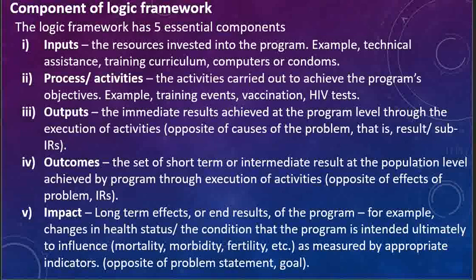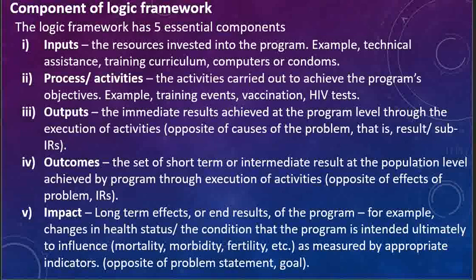Outcomes. The set of short-term to intermediate results at population level achieved by the program through execution of activities. And we have said outcomes are opposites of the effect of the problem to the population. Impact is the long-term effects, the end result of our program.